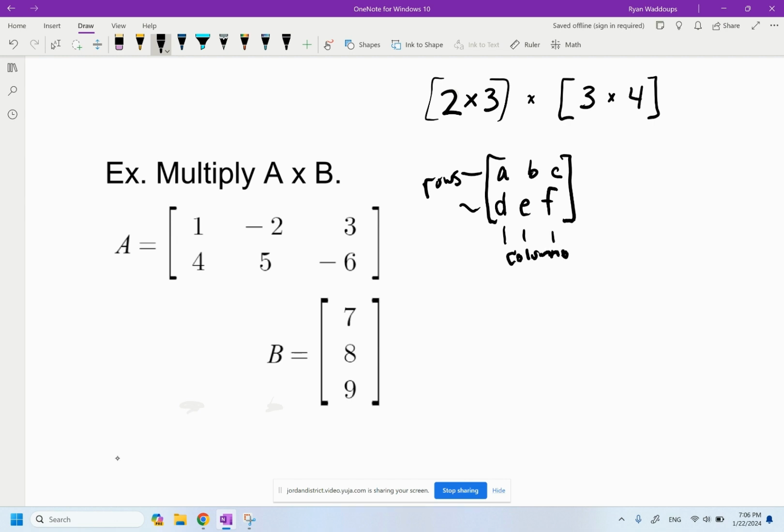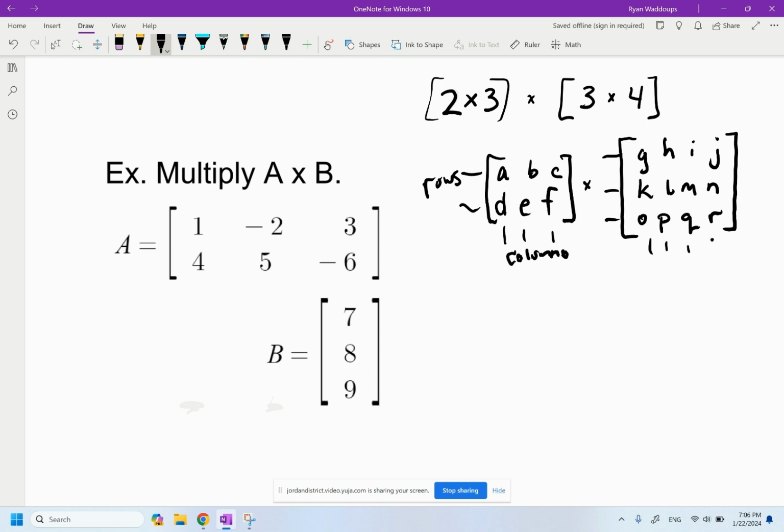And then let's say we were multiplying that by a 3 by 4 matrix. That one would look like something like E, F, G, H, I, J, K, L, M, N, O, P, Q, R. Again, this one has 1, 2, 3 rows and 1, 2, 3, 4 columns.